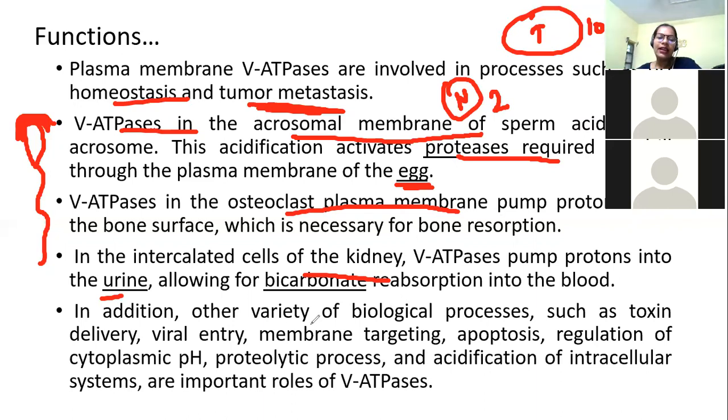Now last, it is also present in a variety of biological processes such as toxin delivery and viral entry. This is important because this is how viruses make use of their ATPases.